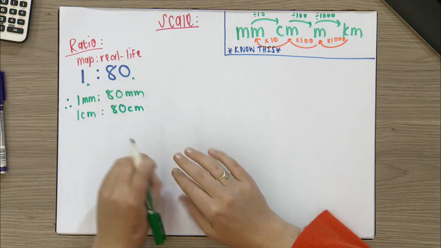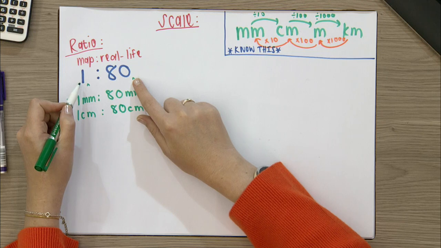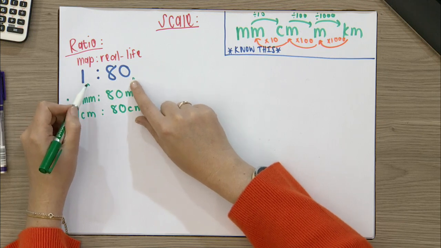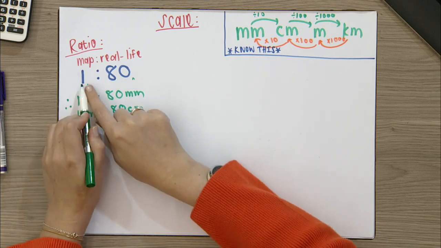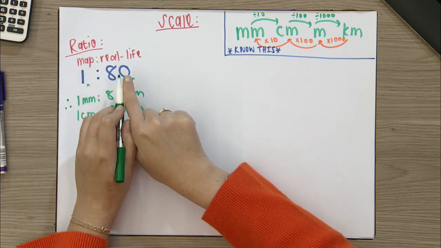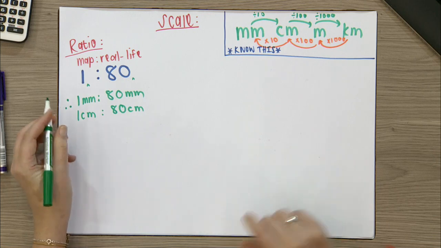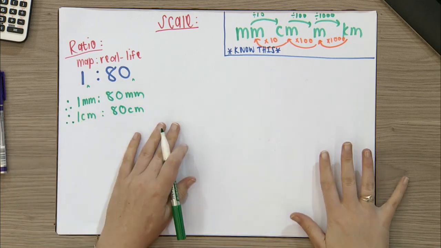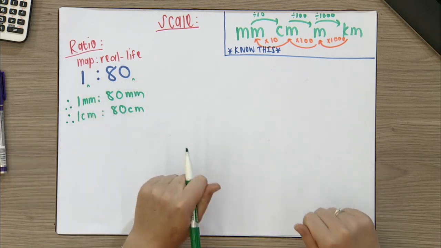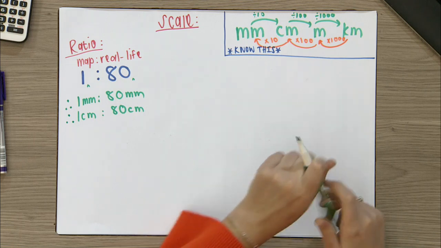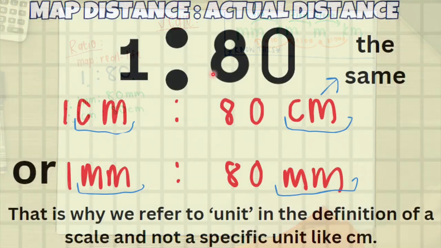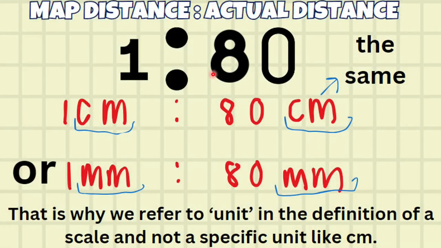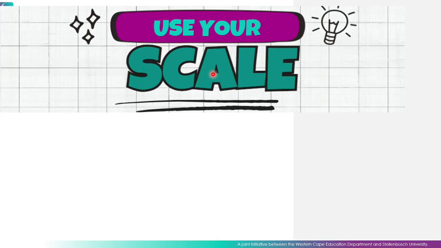So it's important to understand that when we have a ratio scale, there won't be units, because it means we are now fully assuming that whatever's on the left is the same as what is on the right. So grade 12s, I hope that this makes sense, and it will help you when we start looking at the questions in just a few minutes. So there you can just see another example where that is explained.